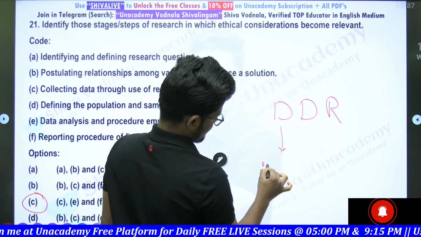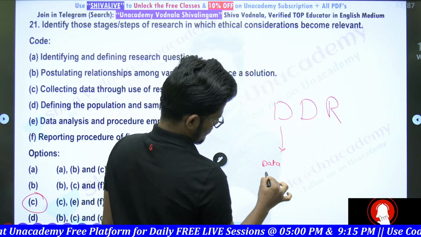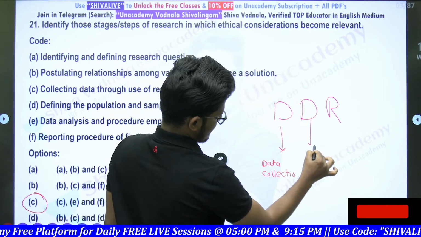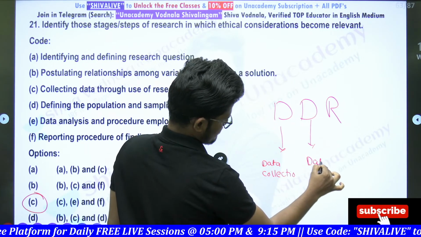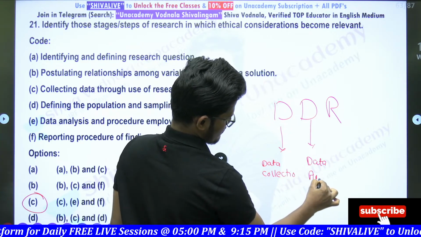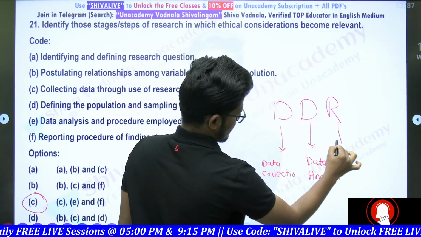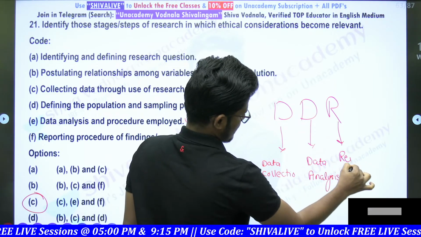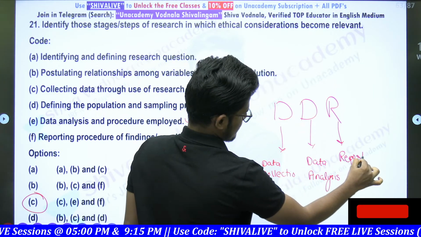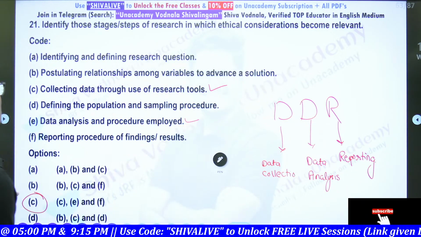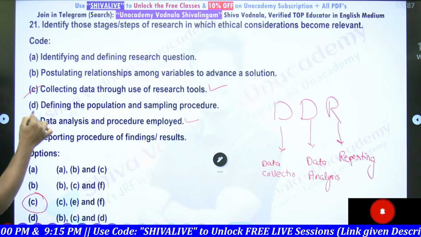Data collection, data analysis or interpretation, and reporting. In these three cases, ethical considerations are relevant and mandatory to see. So, which is speaking about CEF.